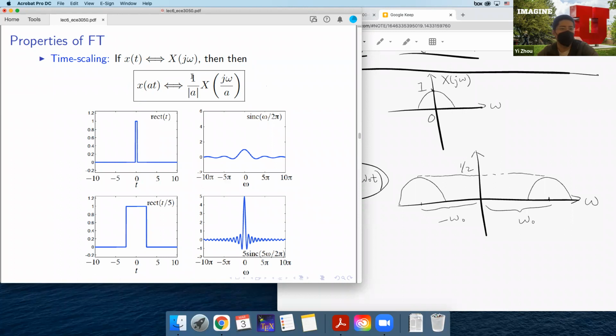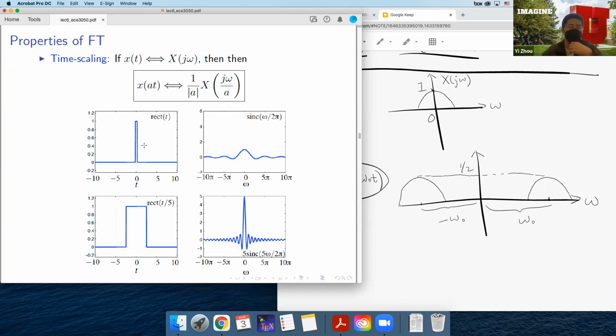There are two effects. First of all, the amplitude of the spectrum will be scaled by 1 over the magnitude of A. And moreover, the entire spectrum will also be scaled by a factor 1 over A. So it's a combination of amplitude scaling and frequency scaling.